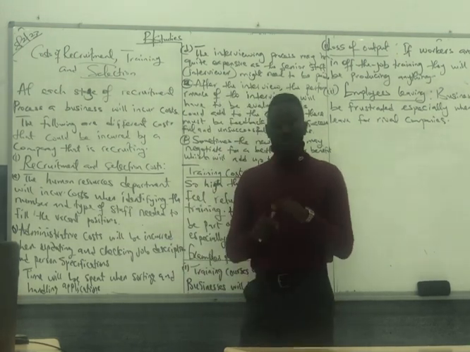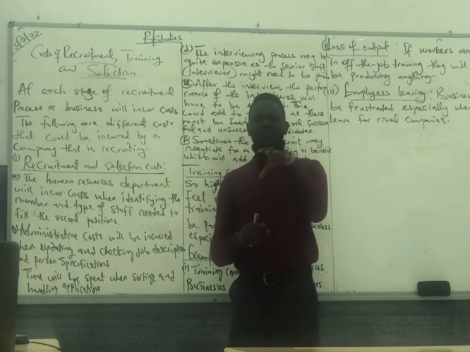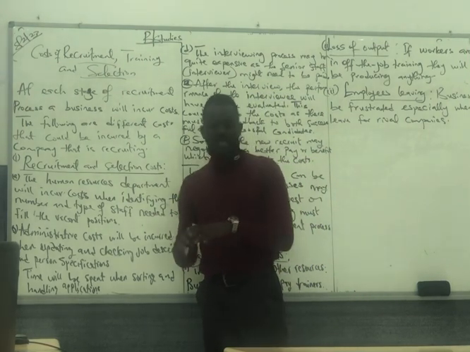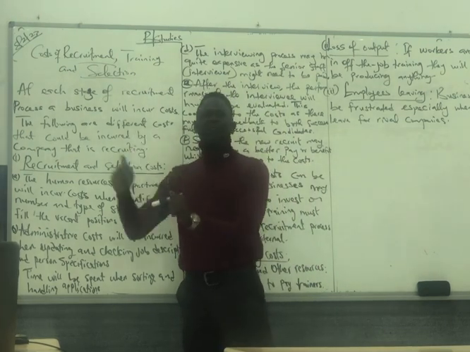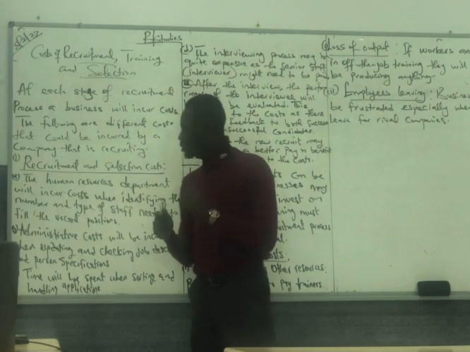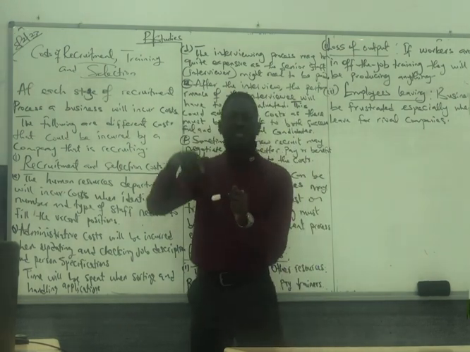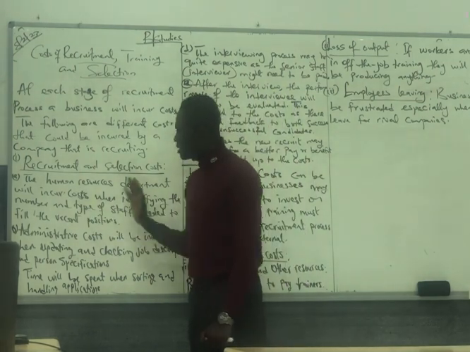The human resources department is saddled with the responsibility of recruiting workers. In the course of recruiting those workers, they have to identify one, the number of workers needed, and two, the kind of workers they need. In the course of doing this, it might take time and it might cost them a lot of money. That is the human resources department.